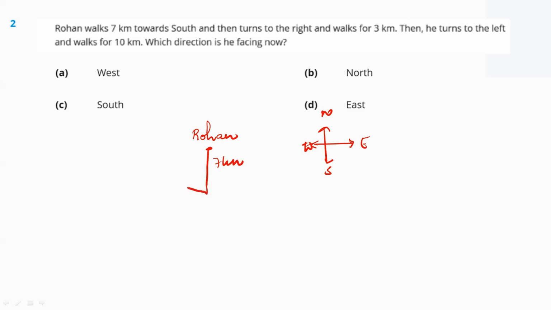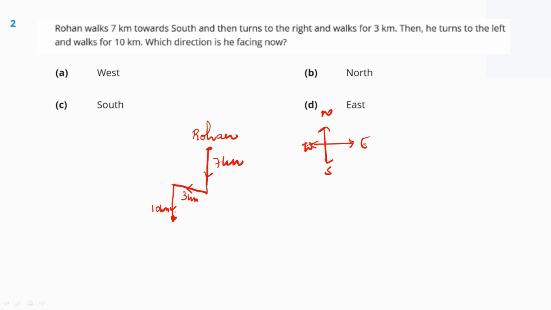This is Rohan's right, and he walks for 3 kilometers. And then he turns to the left. Now, when he goes here, the left side is downwards. So he moves 10 kilometers towards his left, and finally reaches this point.